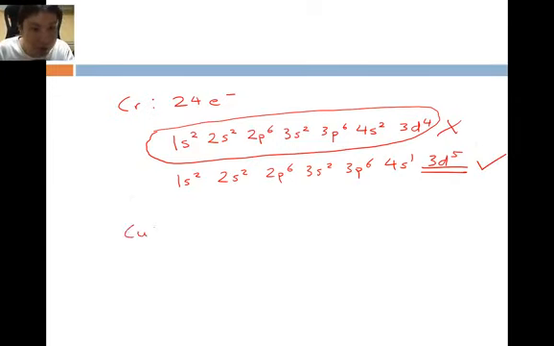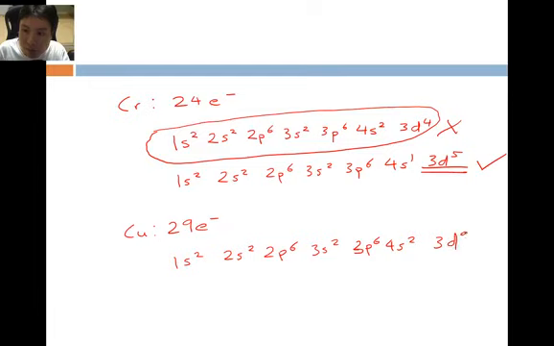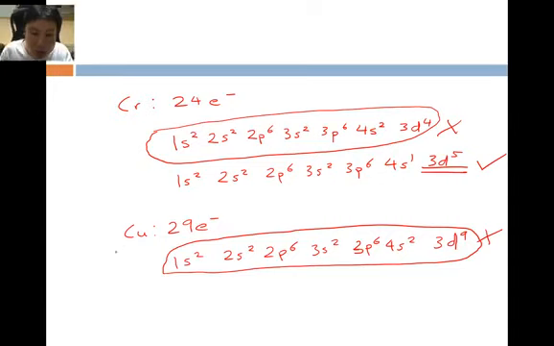On the other hand, if I have copper with 29 electrons, if you do not consider this anomaly, this will be the electronic configuration: 3s2, 3p6, 4s2, and then 3d9. However, this is not the correct answer, because we can again choose to promote one of the electrons from the 4s orbital to the 3d orbital, hence creating a set of fully filled d orbitals.